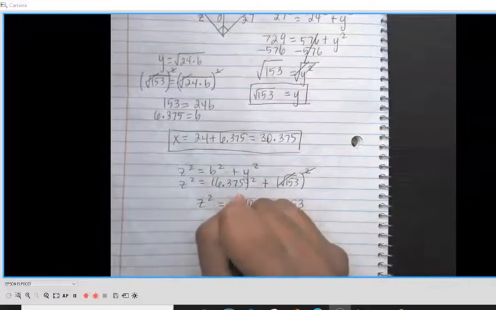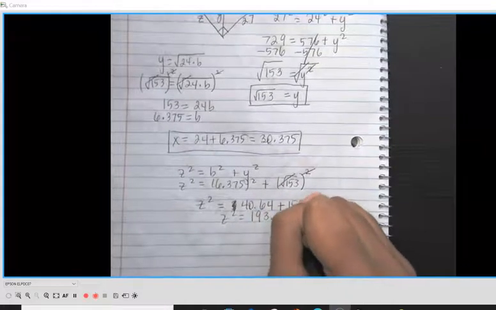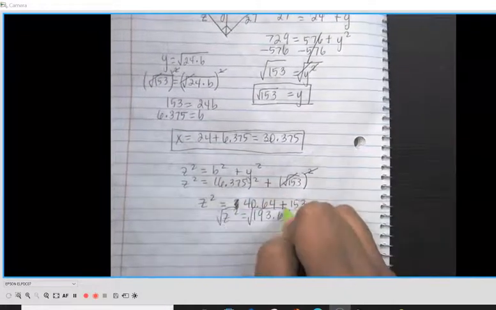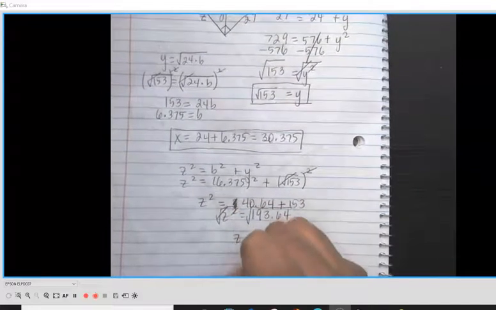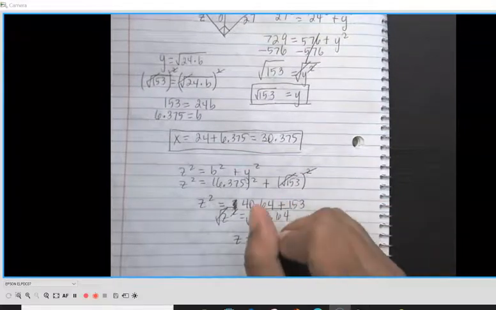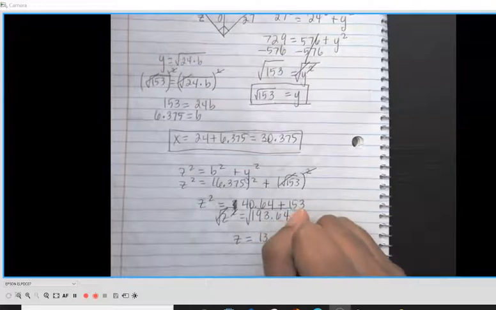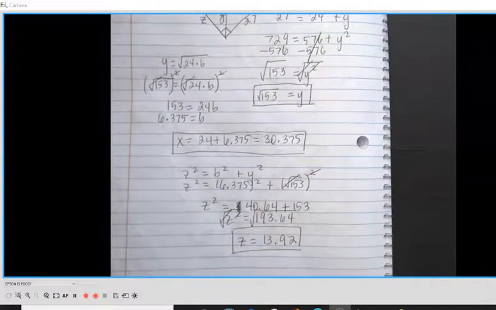So z squared is equal to 193.64, and then I take the square root of the left and the square root of the right, and the square root and square cancel out. Z equals, taking the square root, I get 13.92. Done. Now I know what x, y, and z are.